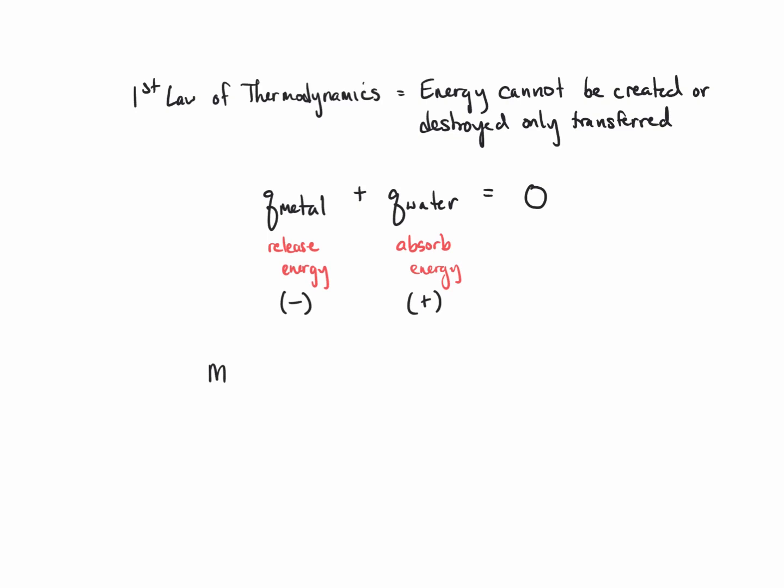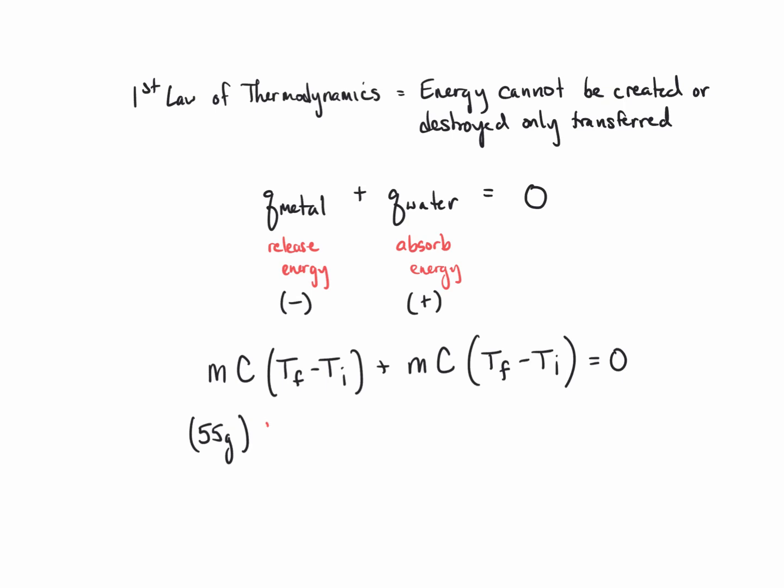We've got the mass of the metal times the C of the metal times the change in T of the metal, which is temperature final minus temperature initial, plus the mass of the water times the C of the water times the temperature final minus the temperature initial, equals 0. From what we just wrote down, the mass of the metal is 55 grams.